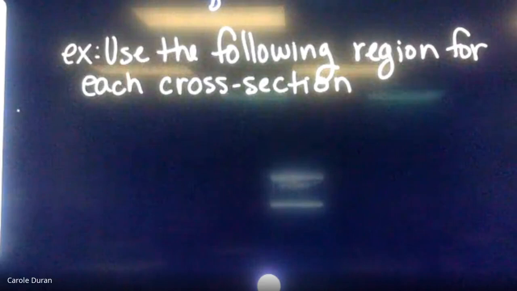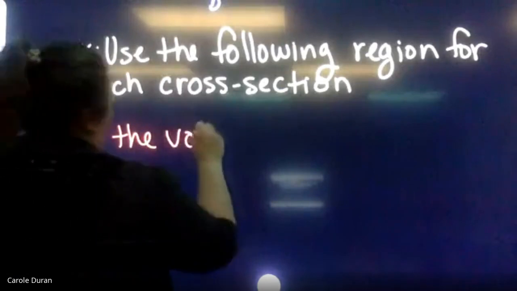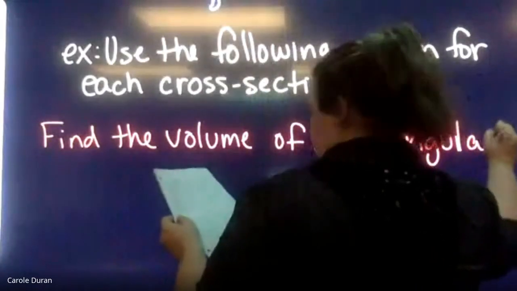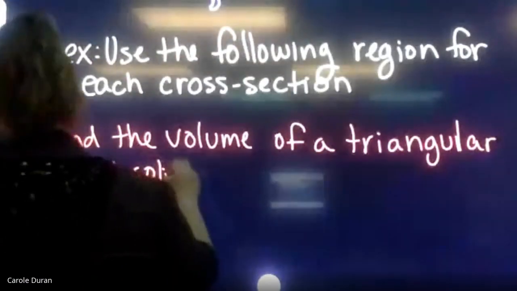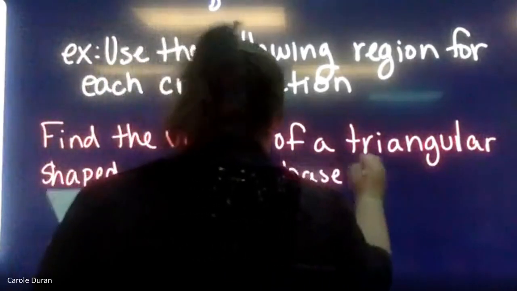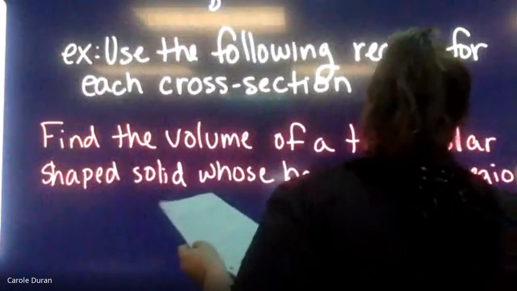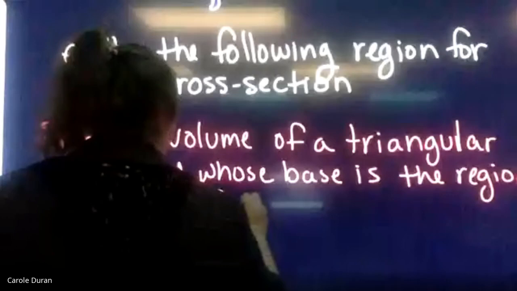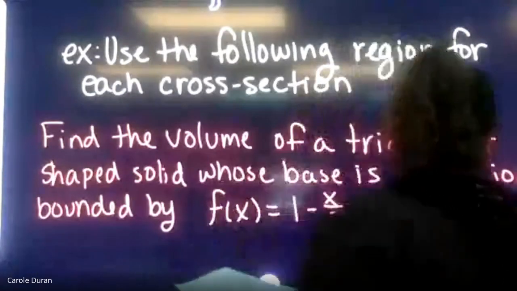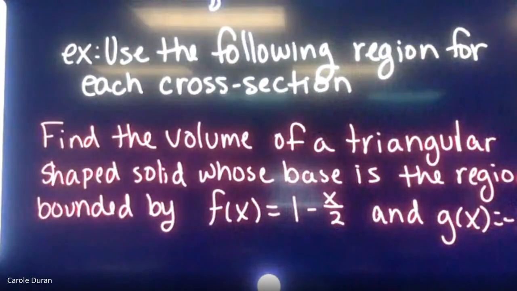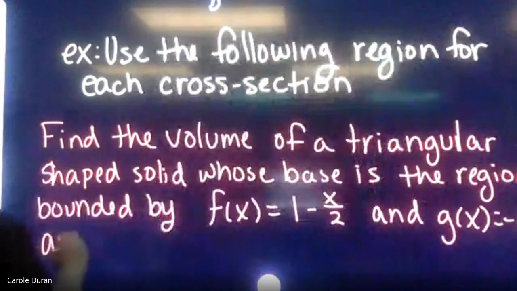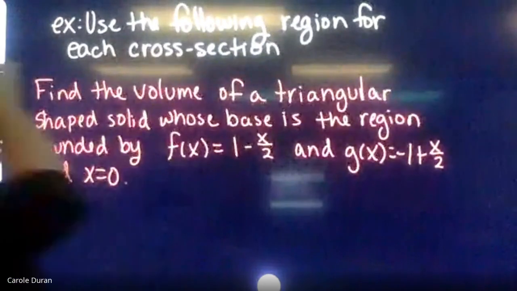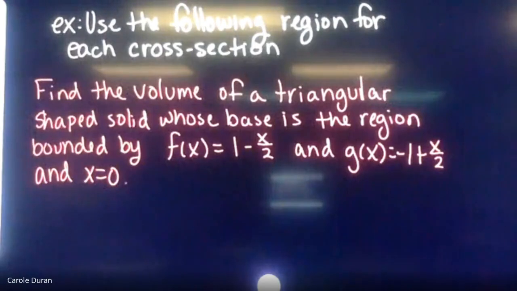The information that we're given about this area: the information we have about this base is that it has a triangular shaped base, and the region is bounded by these 2 equations and x equals 0.